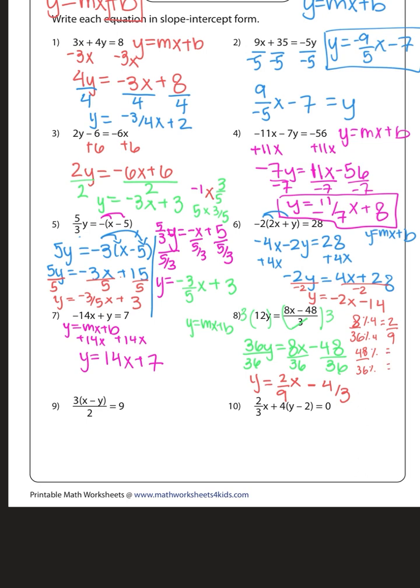So divide by 12. So that's the greatest common factor, right? 48 divided by 12 gives us 4. And 36 divided by 12 gives us 3. So that's how we ultimately got y is equal to 2/9 x minus 4 over 3.